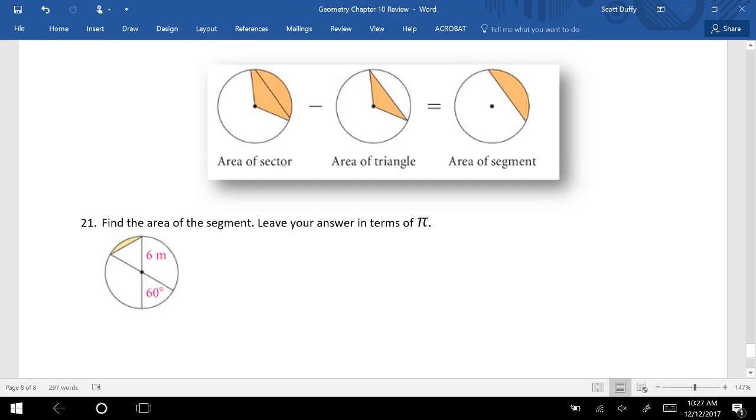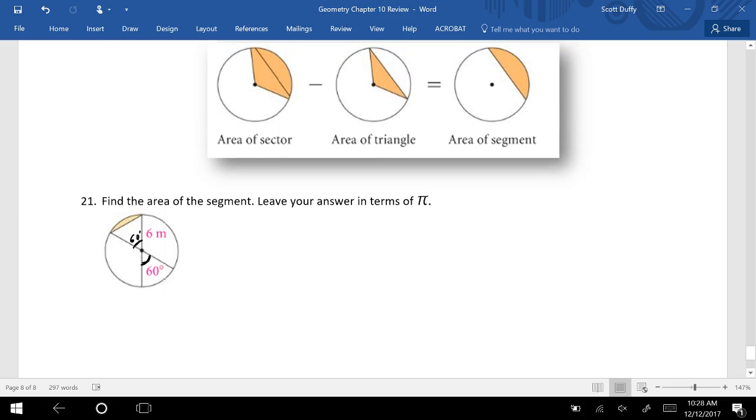And then the final one. If you know the area of the sector, subtract the area of the triangle and you will get the area of the segment. So, we know this sector has an angle of 60 degrees because the vertical angle is 60, so they should be congruent. It has a radius of 6 meters. We need to find that little sliver, that little segment.